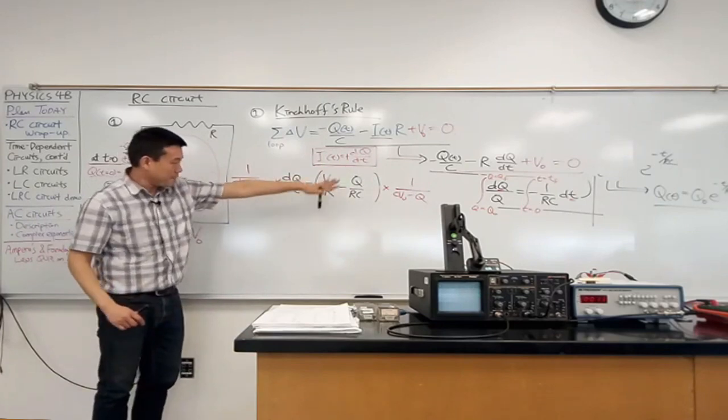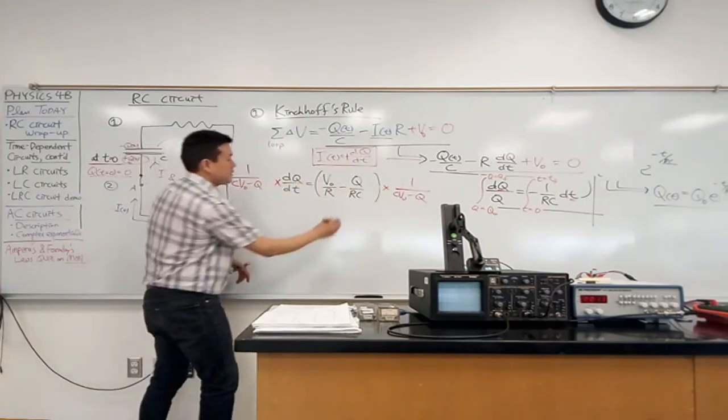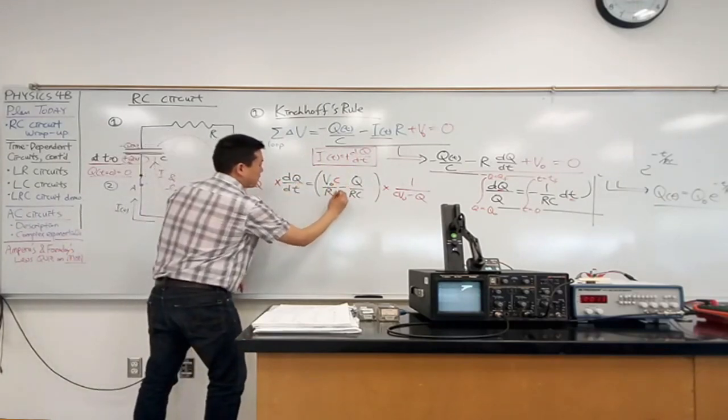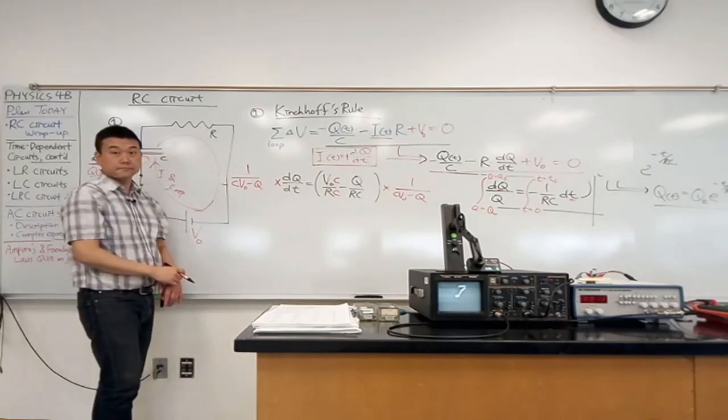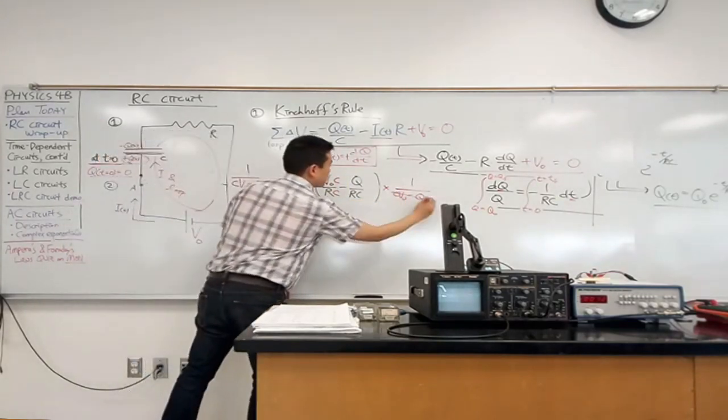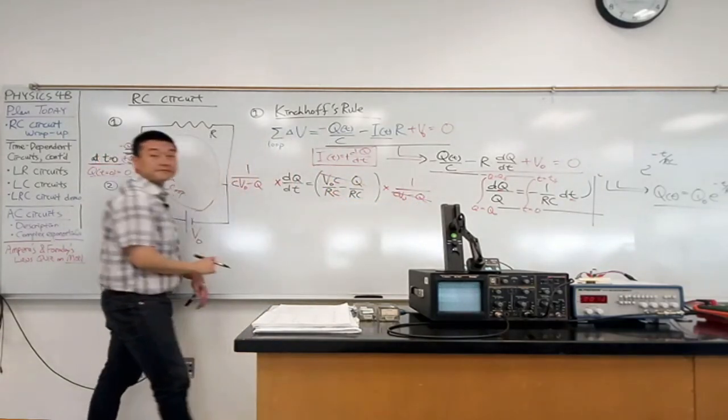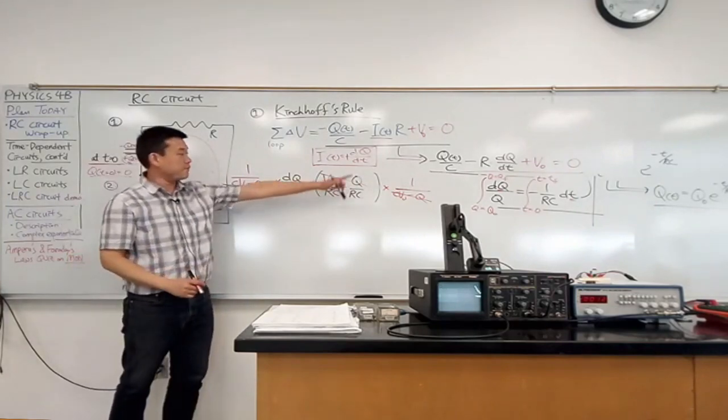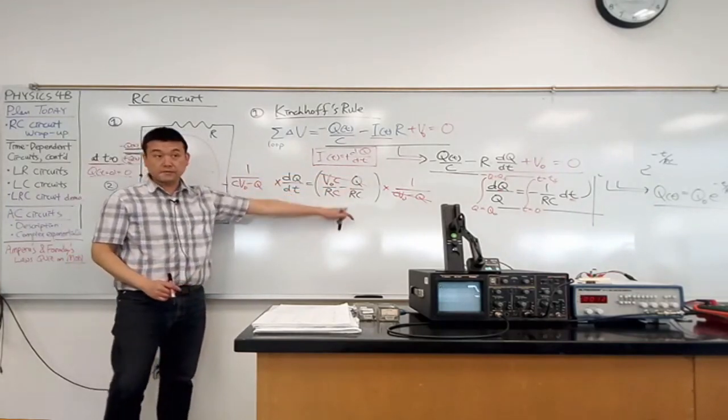To simplify it, I write it as multiplying top and bottom by C. So this C V naught minus Q neatly cancels this, and on the right-hand side, I'm just left with 1 over RC.